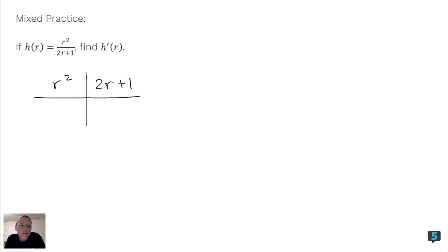I'm trying to think, Dylan. They can get messy. A lot of derivatives, especially quotient rule, can get messy. I think the biggest thing is just making sure that you are organized and neat on your paper, but also that you don't try to do too much simplification in one step.